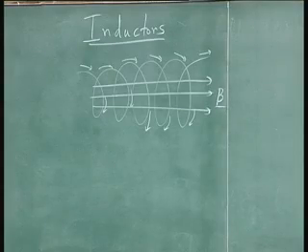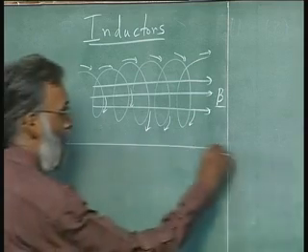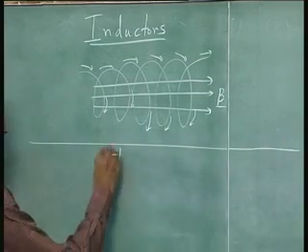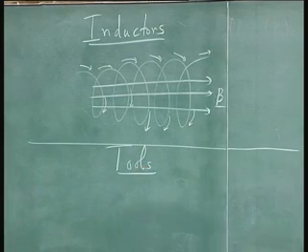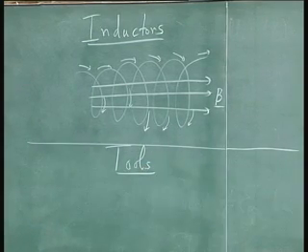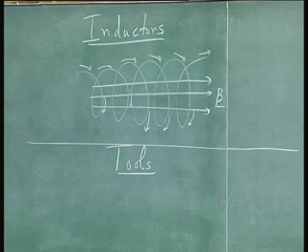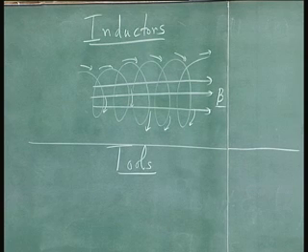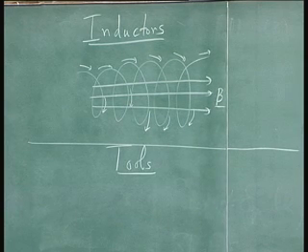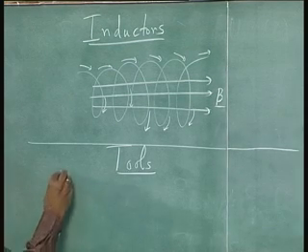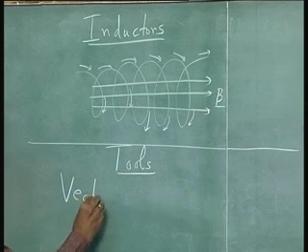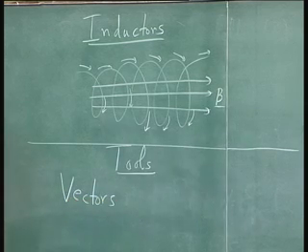What are the tools that you will require? Clearly, electromagnetic theory is a very mathematical subject. The mathematical subjects that you will need to be reasonably good at include vectors.